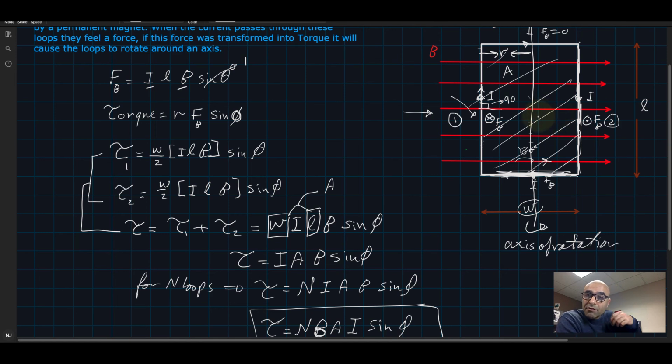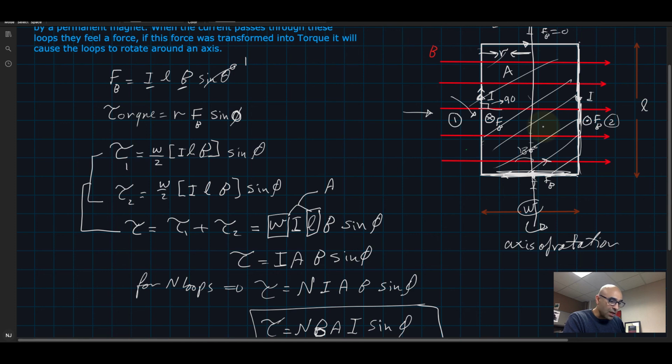Remember, area is a vector quantity, and the direction of the area is perpendicular to the area itself. So look at the palm of my hand. What is the direction of my hand? It's actually out, perpendicular to my hand. If you have any kind of surface like this, what is the direction of that surface? It is perpendicular to the surface. So that's good, because if the magnetic field is going this way, the direction of the area is perpendicular to it, which is out of the page, so 90 degrees, right?